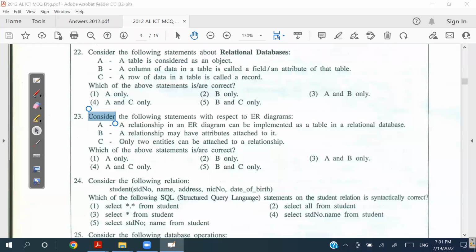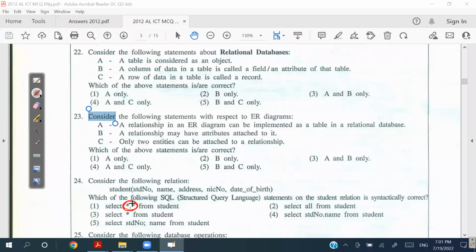Then 24th, consider the following relation: student, STD number, name, address, NIC, date of birth, likewise. Which of the following SQL statements on the student relation is syntactically correct? Yeah, select asterisk dot asterisk. We can't use something like this. We are not using two asterisks like asterisk dot asterisk.